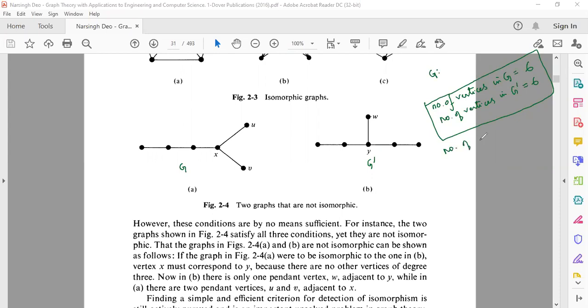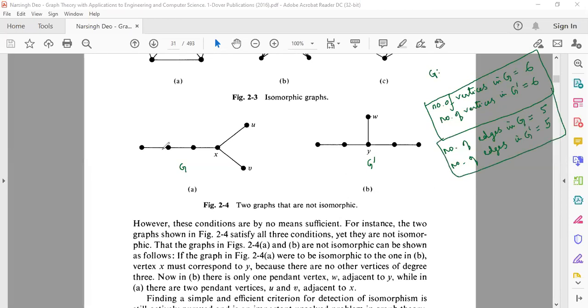Number of edges in capital G, how many edges are there? 1, 2, 3, 4, 5. 5 edges are there. And the number of edges in G prime: 1, 2, 3, 4, 5. 5 edges. This is also preserved. No problem.